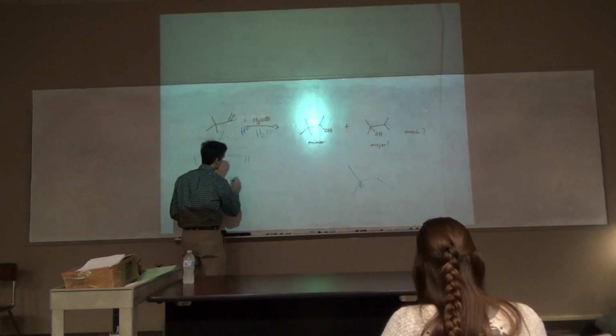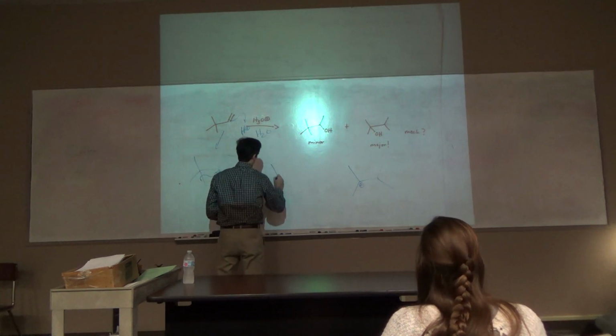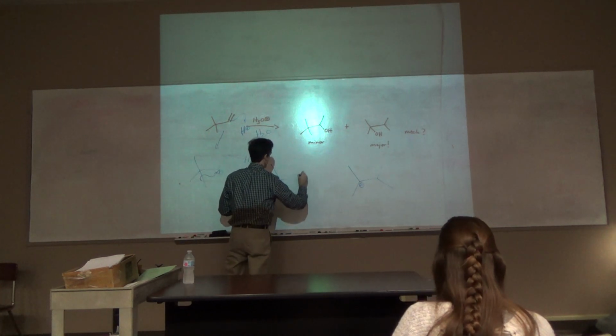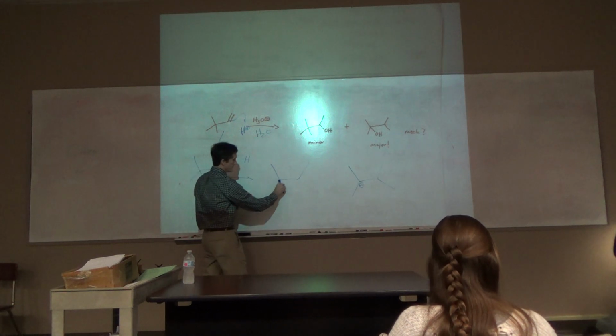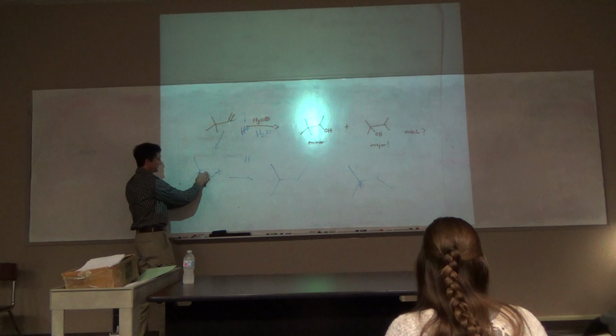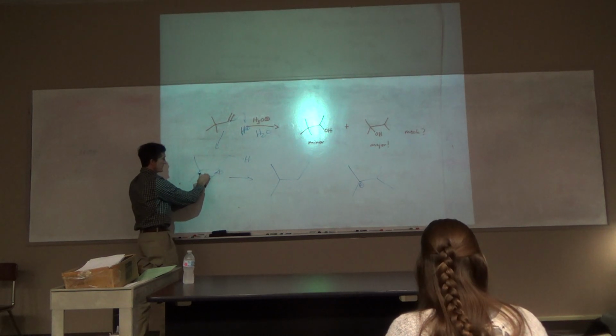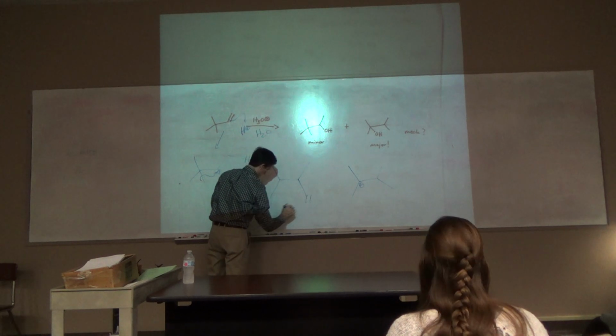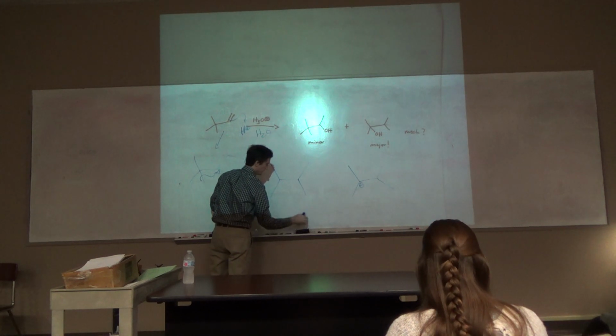And what does this electron movement give? A carbon with 2 methyls here. That methyl used to be bonded here, so I'm going to take the 2 electrons and break them free of this carbon and bond them over there. Not an H, not a hydride shift, it's just a methyl.